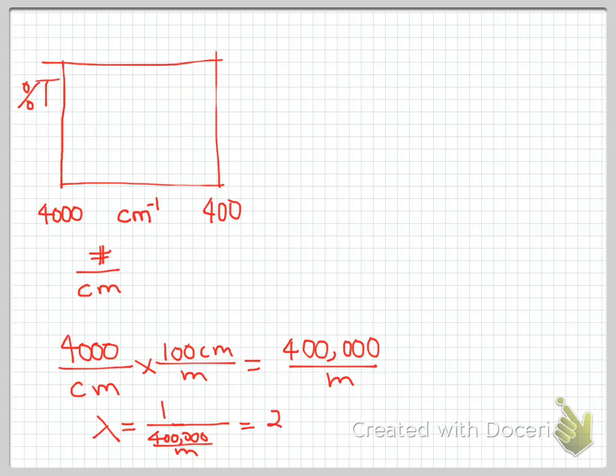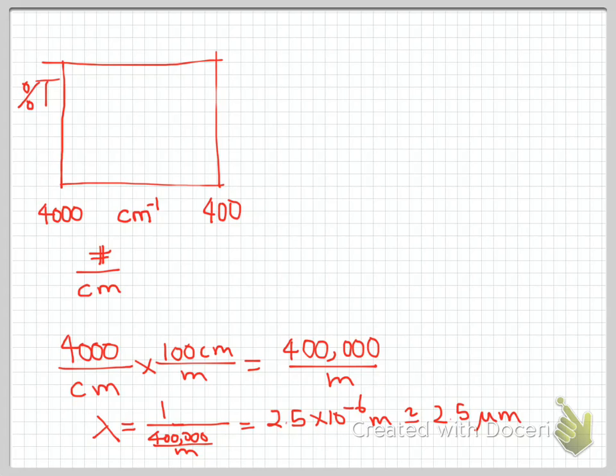So that ends up being 2.5 times 10 to the minus 6 meters. That's about 2.5 micrometers. Well, it's actually exactly 2.5 micrometers. So that's the range of wavelengths that we're looking at. It's in the micrometer range, and we often call them just microns because it's easier.